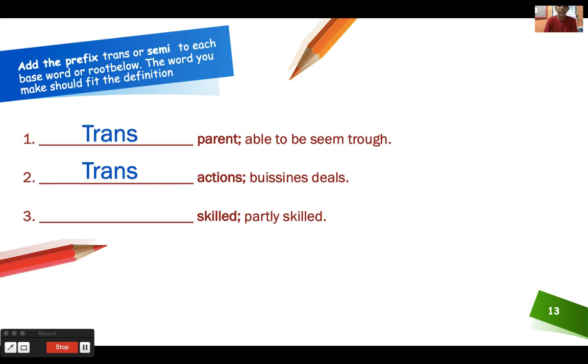It's transactions, business deals. When you give something to another person and that person gives something to you, that is a transaction, right? We are sharing something. Now we have partly skilled. Which prefix do we use to show that something is half or partly? Semi. Excellent.